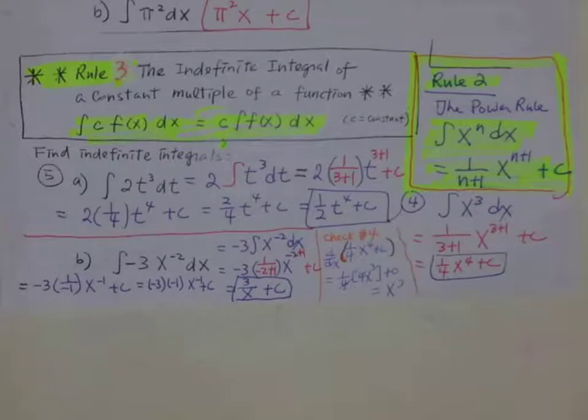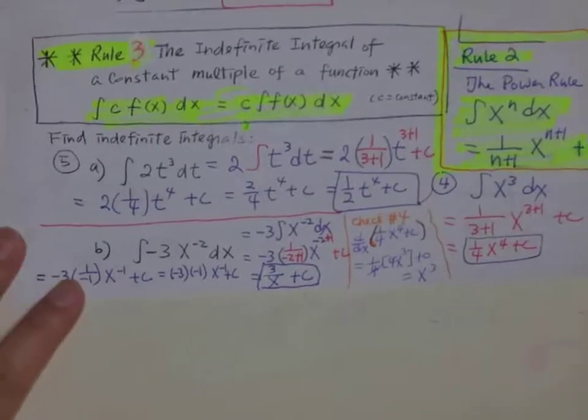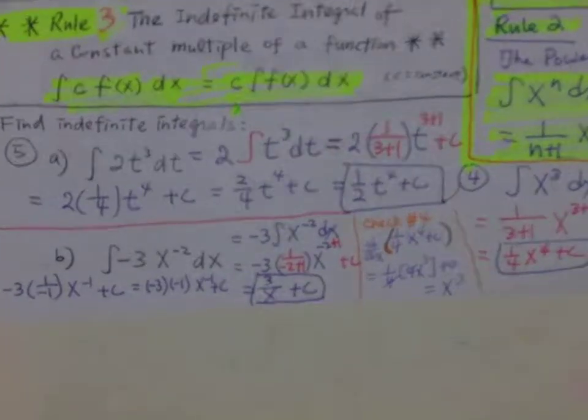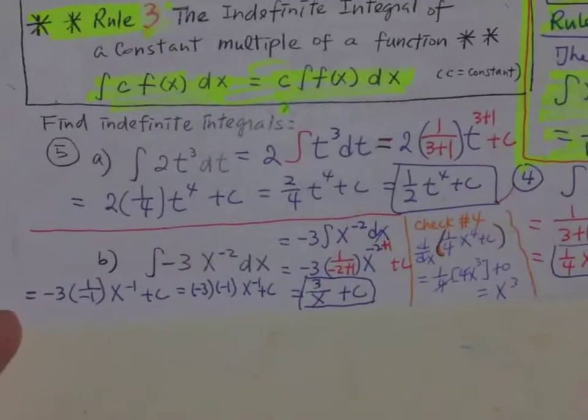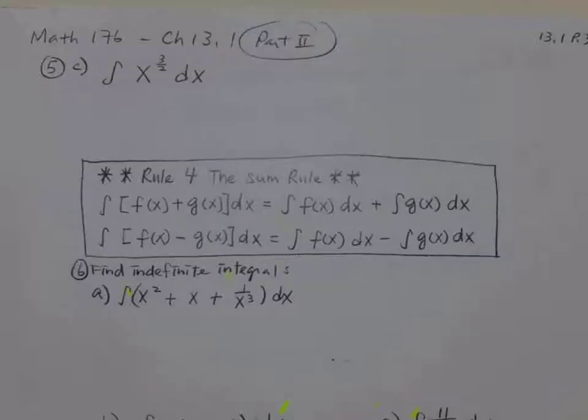Let's do one more before we stop this video. So again, if you need to pause the video so you can write down some of the information, feel free to do it. Alright, let's look at the next question, which is number 5C. Number 5C on the next page. Okay, this one, similar, we're taking an integral with a power function.